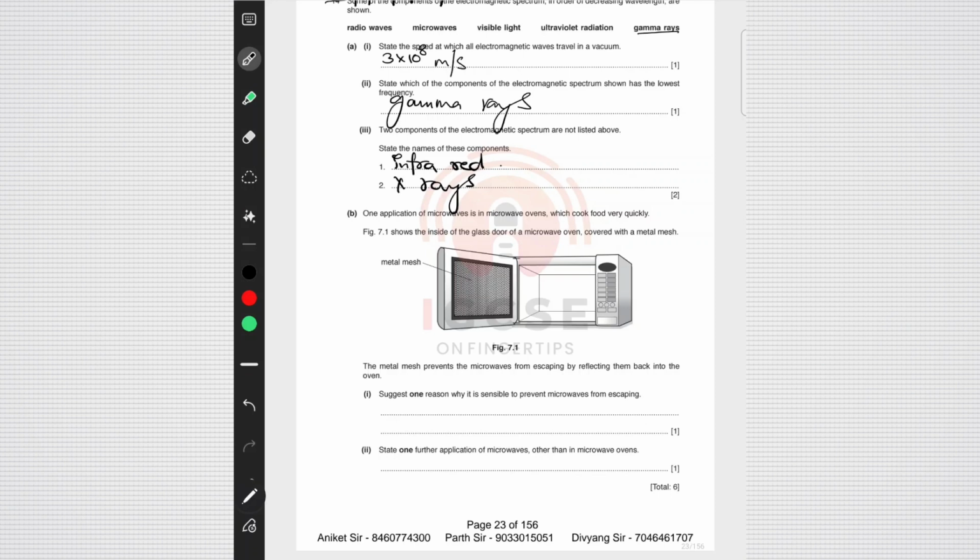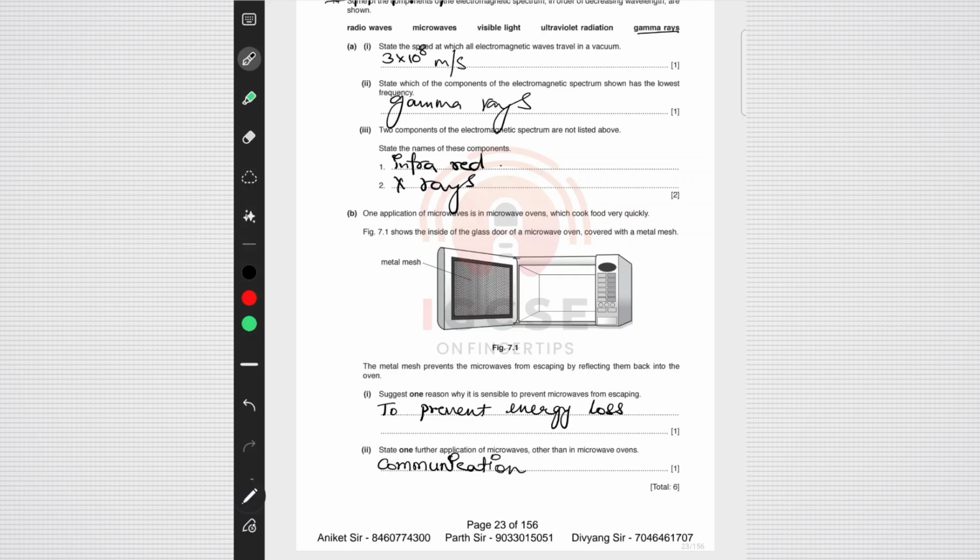The metal mesh prevents the microwaves from escaping by reflecting them back into the oven. State one reason why it is sensible to prevent microwaves from escaping. To prevent energy loss. Okay, that is one. State one further application other than microwave ovens. Communication.